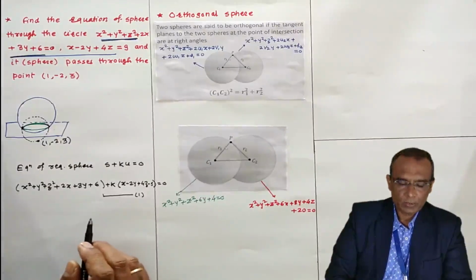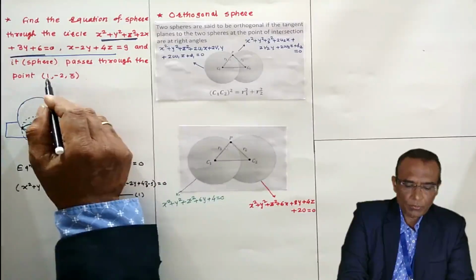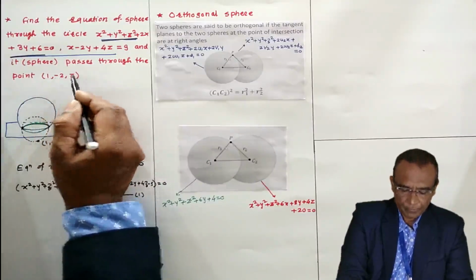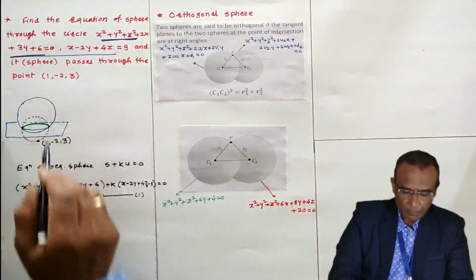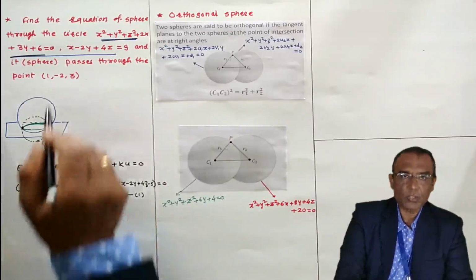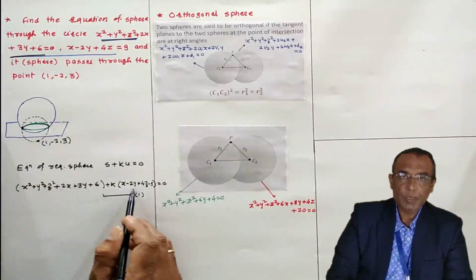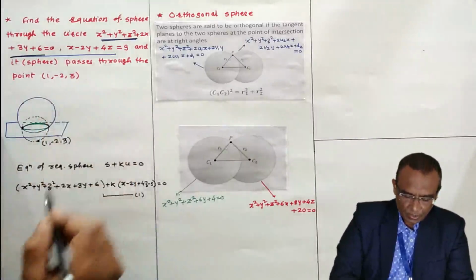But what is the additional thing given? This sphere passes through the point (1, -2, 3). This point lies on the surface of the sphere, which means the equation of the sphere is satisfied by this point.